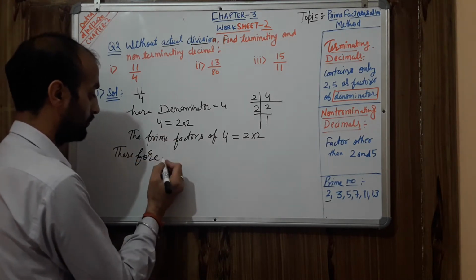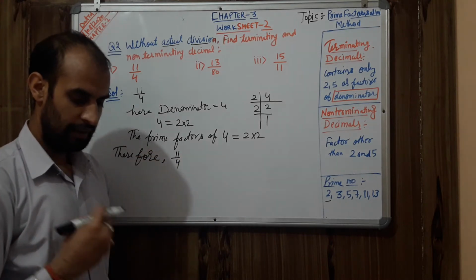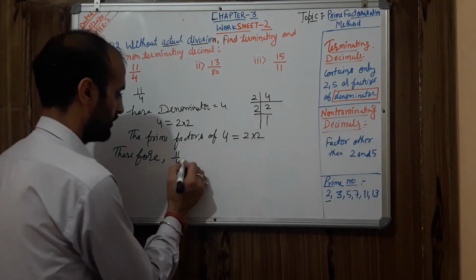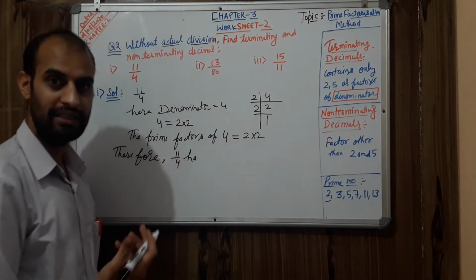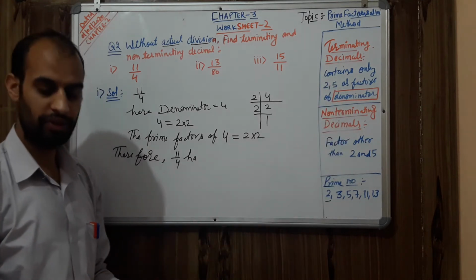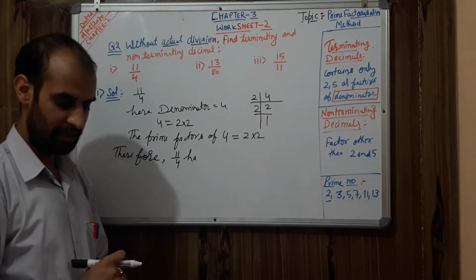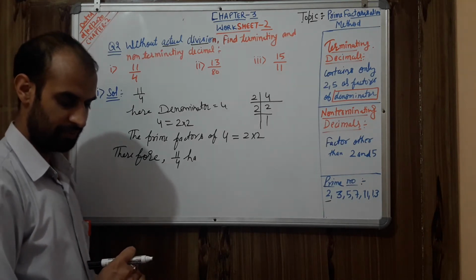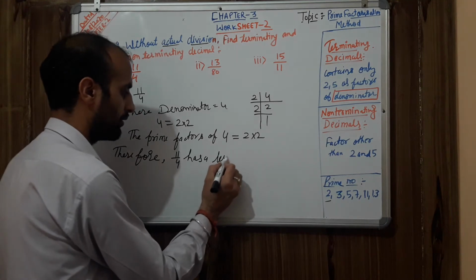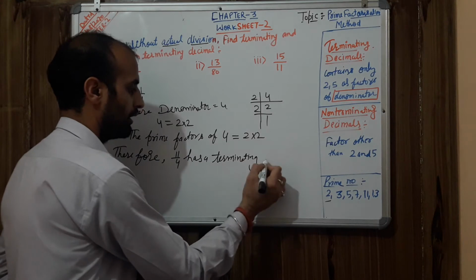Therefore, 11 upon 4 has a terminating decimal representation. Very easy. If you get only 2 or 5, you can write 2 and 5, so it is a terminating decimal. It has a terminating representation.